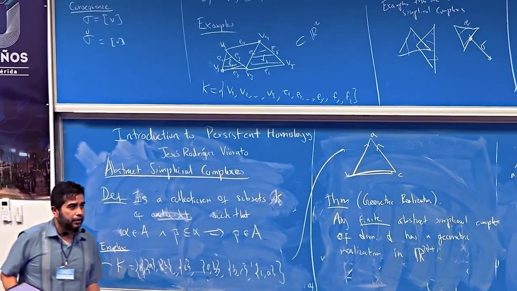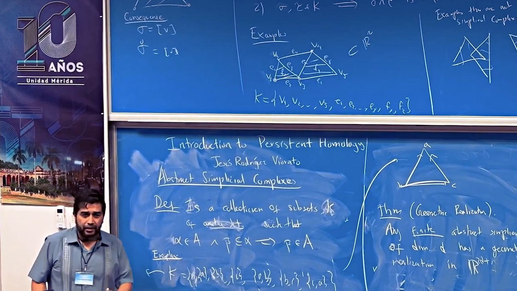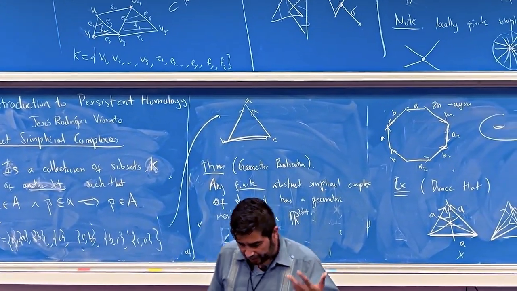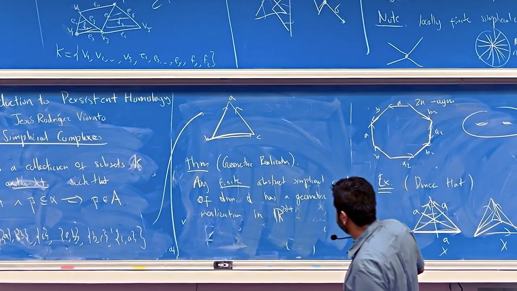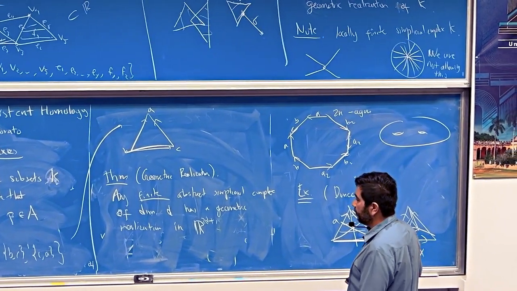That means that by just considering abstract simplicial complexes, we are not leaving anyone behind. So we actually have an actual simplicial complex, with a geometric realization.